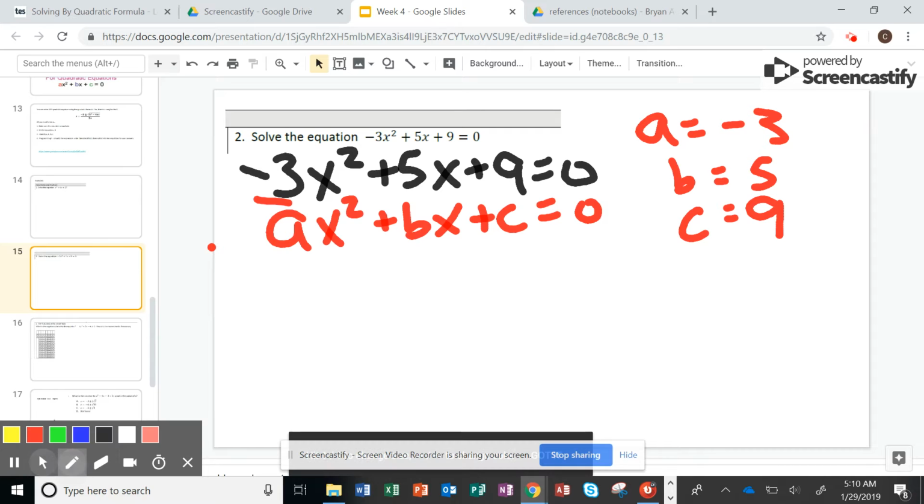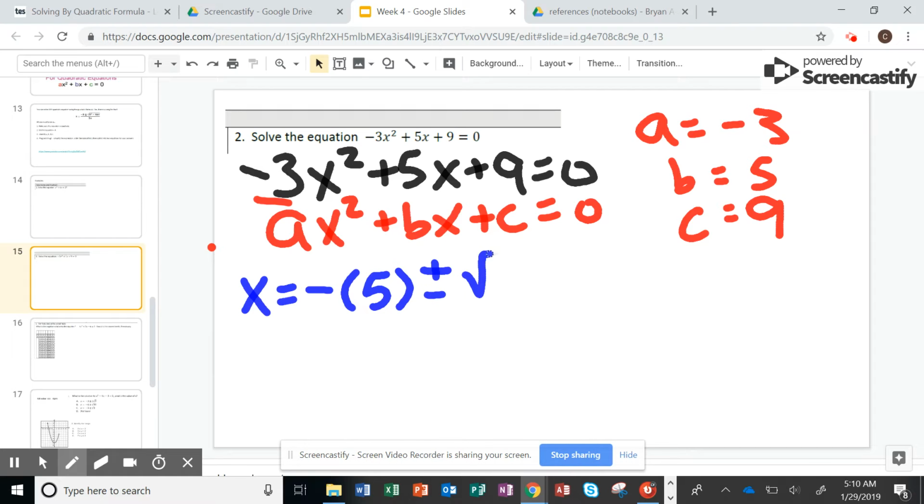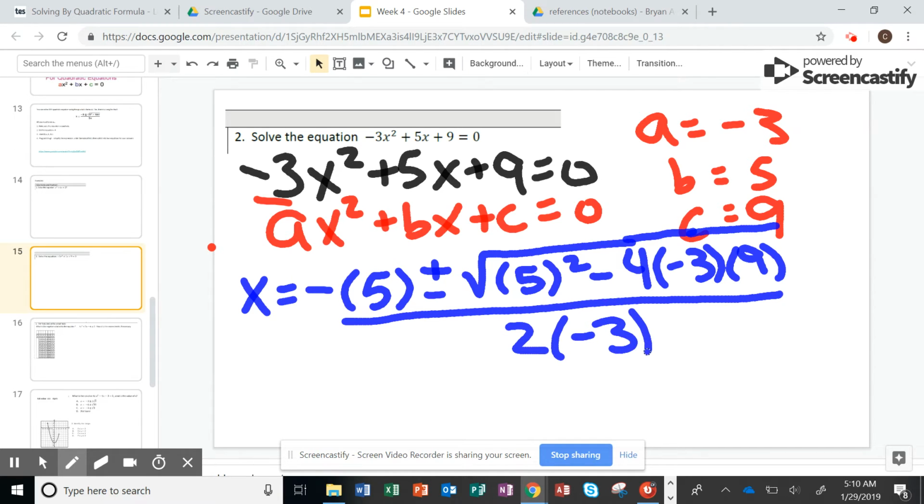We're going to write in x equals the opposite of b, or negative b, which is negative 5, plus or minus the square root of b squared, which is 5 squared, minus 4 times a, which is negative 3, and c, which is 9, all of that divided by 2 times negative 3, or 2a.